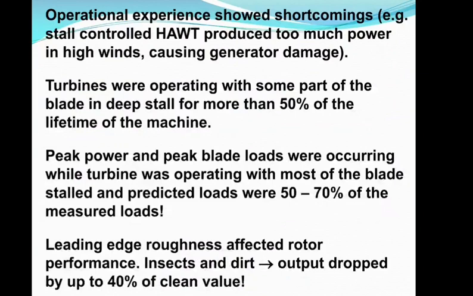Peak power and peak blade loads were occurring while the turbine was operating with most of the blade stalled, and predicted loads were 50 to 70% of the measured loads. These are the load points to be focused on due to the strong construction of wind turbines.